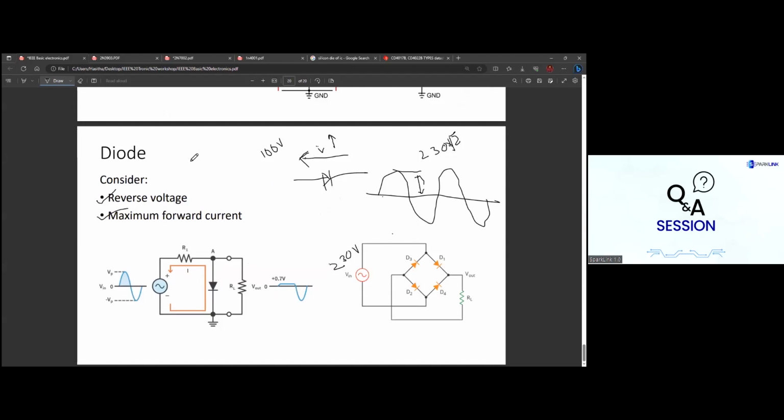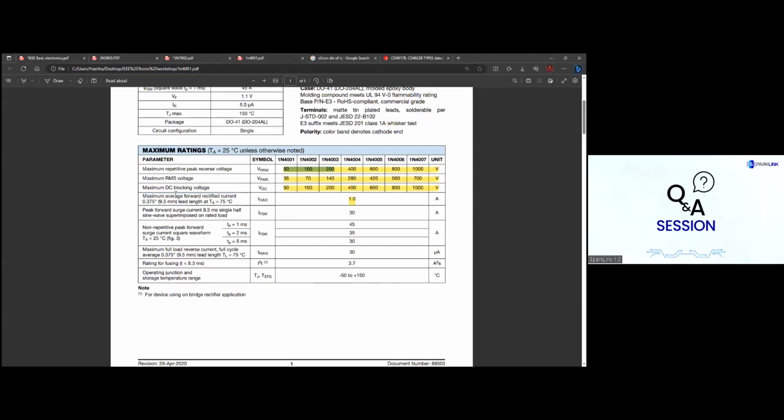Yes, blocking voltage means how much voltage a diode can block in the reverse polarity direction. So that is the same as the reverse voltage. These two terms have the same meaning, just two different words.